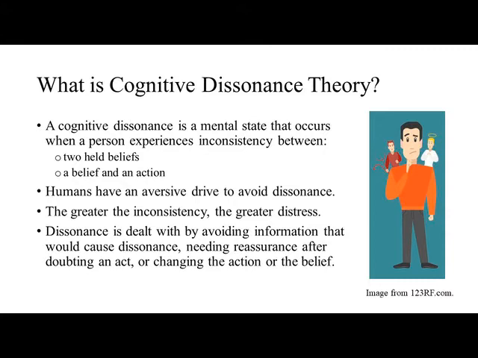Whenever a person has this contradiction, it causes an uncomfortable feeling within them. This is why humans try to avoid dissonance, because whenever we contradict ourselves, it causes us distress and we are very uncomfortable with it.